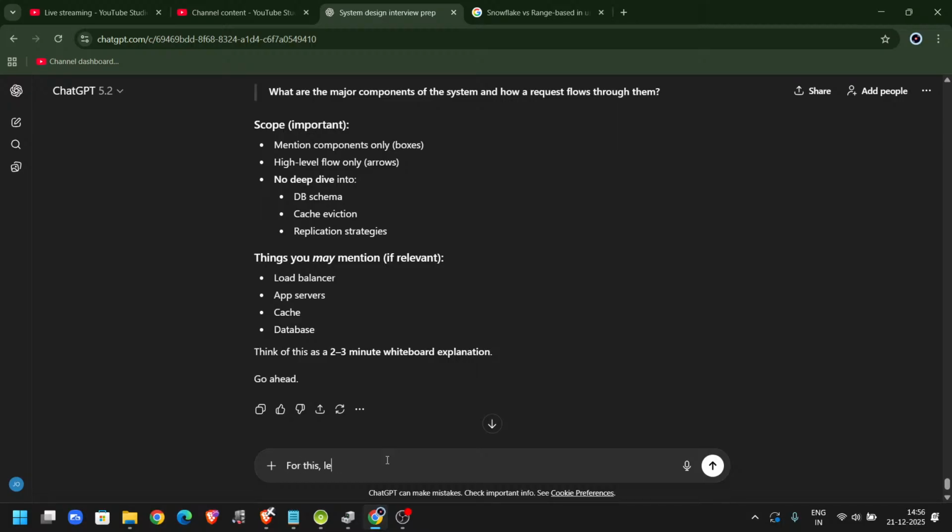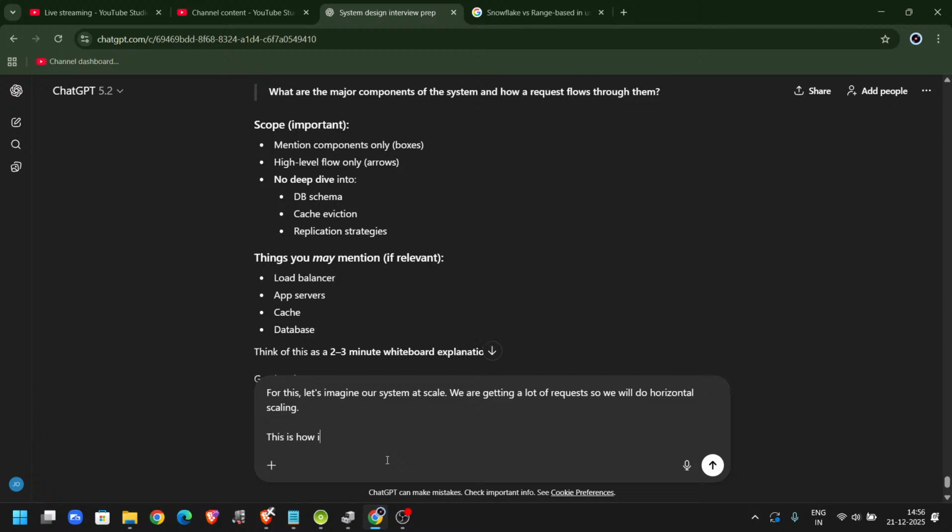For this, let's imagine our system at scale. We are getting a lot of requests, so we will do horizontal scaling. This is how it works.